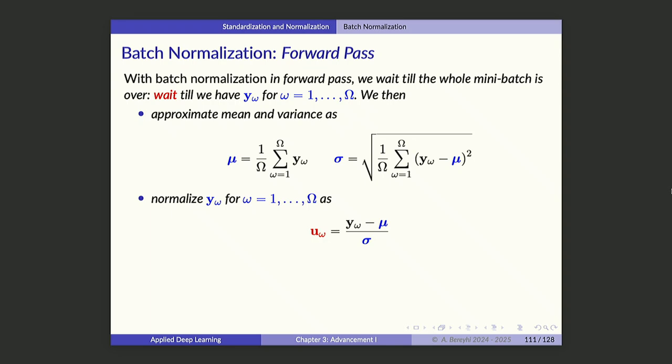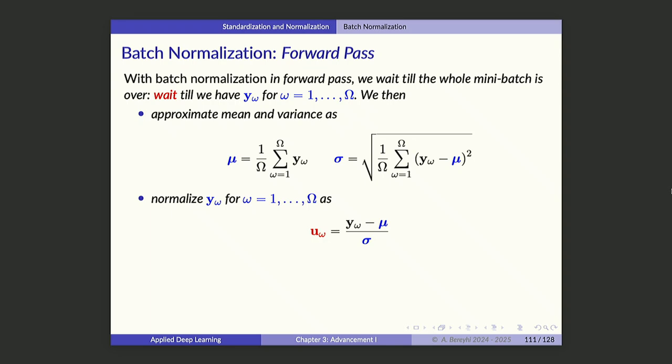Everybody's cool, right? Now, one thing: this sigma here and this mu, both of them are vectors, right? And all of these operations that I'm showing you are happening entry-wise, right? So if y has two different entries, the mean mu is going to have two different entries, and sigma is going to have two different entries, right?